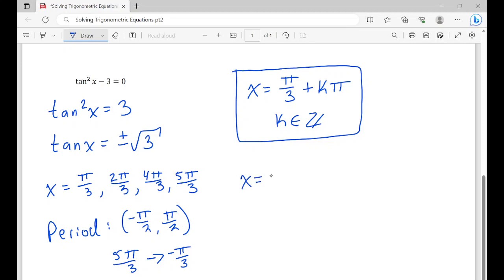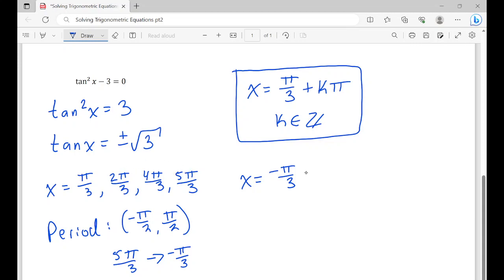But I can also use negative pi over 3 because it's in the period. And again, negative pi over 3 is equivalent to where 5 pi over 3 is. If I add pi to negative pi over 3, I'm going to get 2 pi over 3. Then add another pi, and I'll get to 5 pi over 3. Add another pi, and I'll be back to the equivalent spot here, and I'll go back and forth between these two solutions.